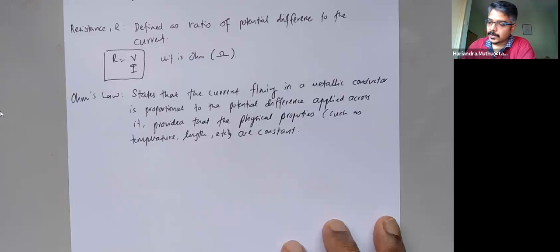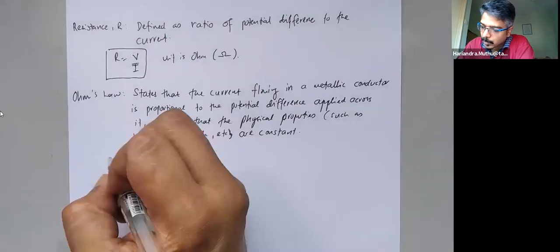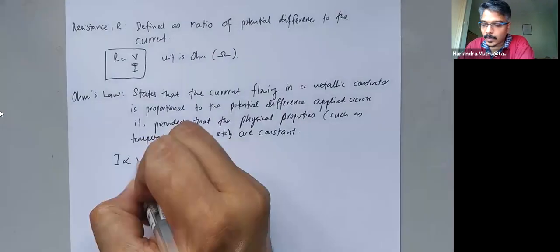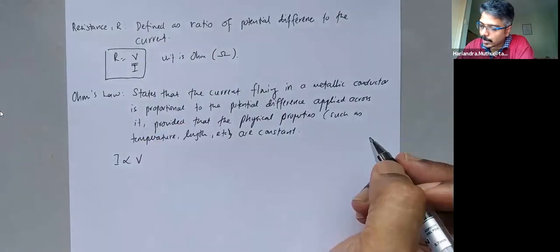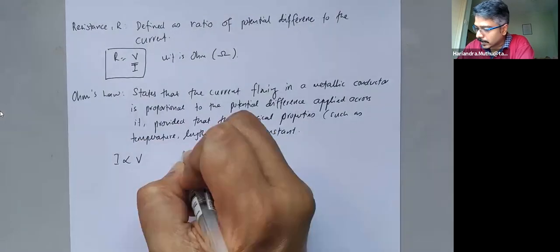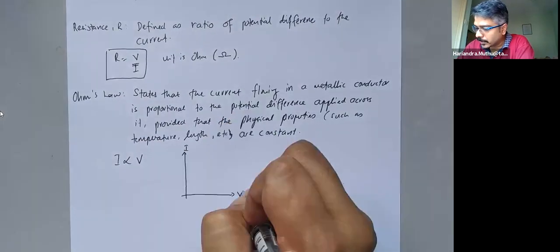Okay, so I is proportional to V, right? So we plot a graph of I versus V, we get a straight line graph.